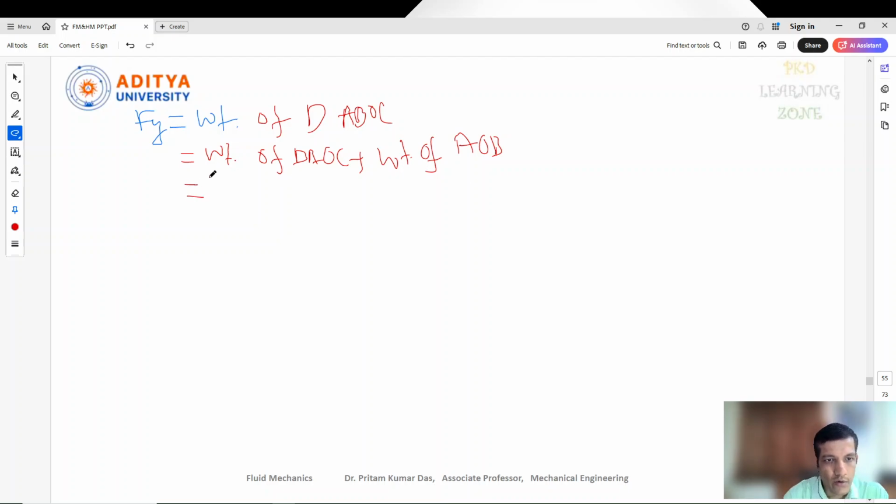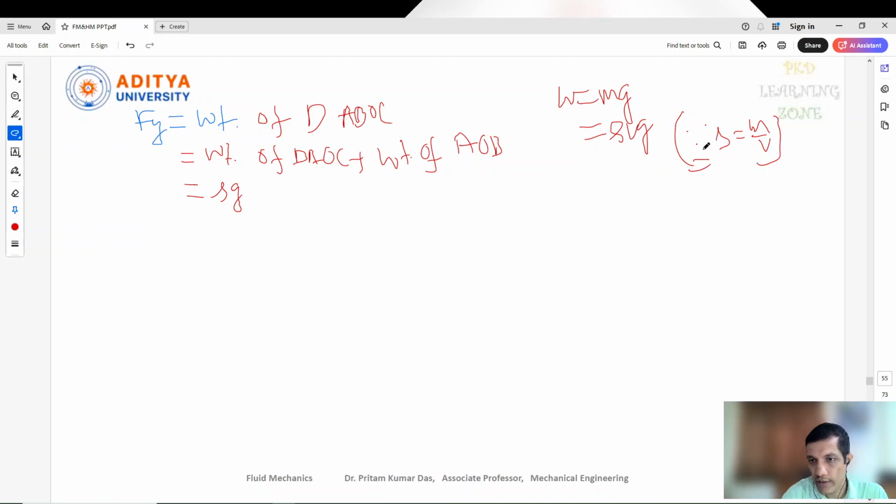Now this weight of DAOC and weight of AOB, we can write with a formula: rho g into the volume, because W equals mg, and m equals rho into V, since density equals mass by volume.